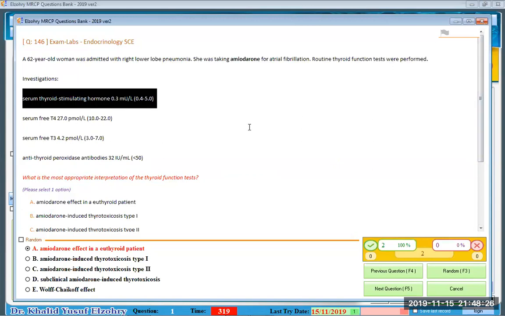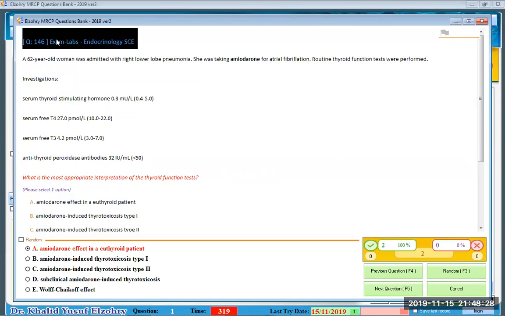Dr. Khalid, the exam lab is one of the most important things to solve. In every exam, there are at least 30 questions from the exam lab, at least in the previous two exams.